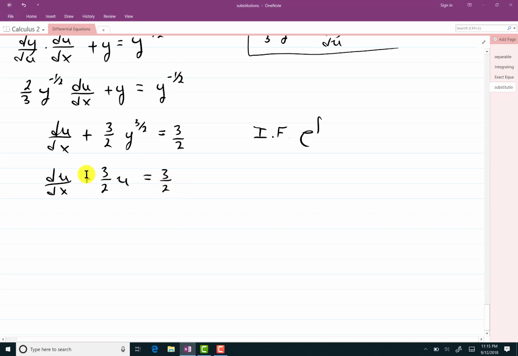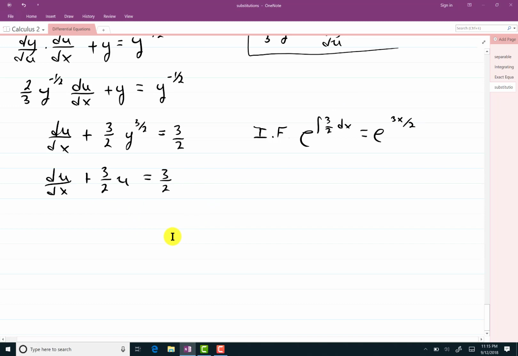Now it's just like an equation we had before. Now you'll still use for your integrating factor the integral of 3/2 dx. You see now your variables are u and x. That'll be e to the 3x over 2. And then go from there.